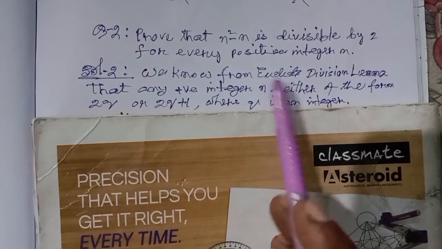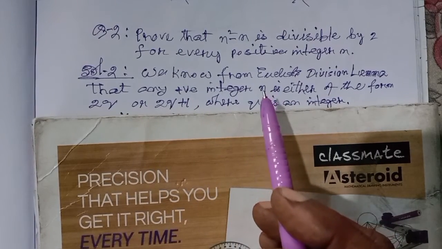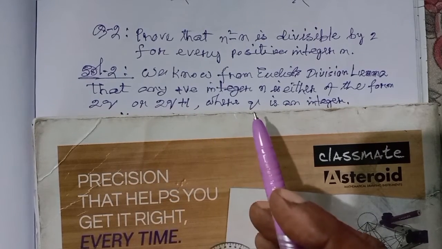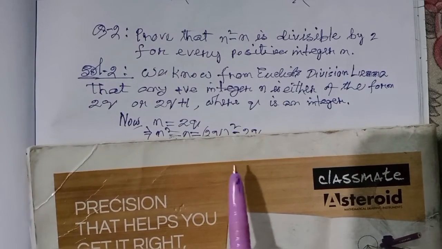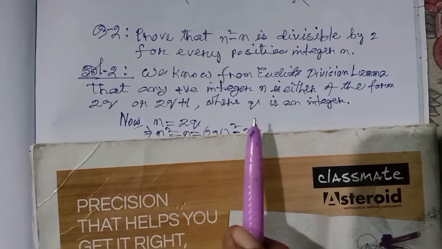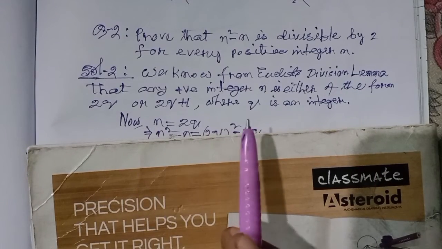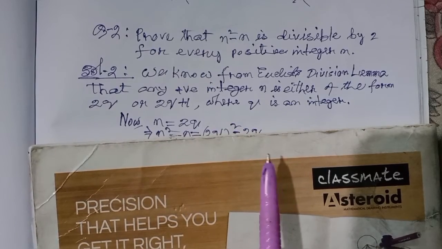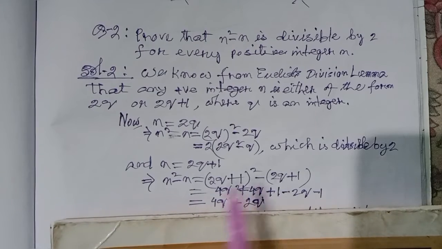Solution 2. We know from Euclid's division lemma that any positive integer n is either of the form 2q or 2q plus 1, where q is an integer. Please see the I button video for this summary statement, which has been proved in an earlier easy problem, and it is useful in longer and complex problems so that we can save our time.